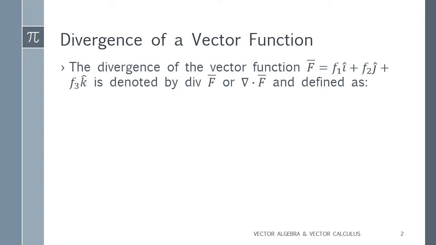This will be given in the equation f bar equals f1 i plus f2 j plus f3 k. In any such equations, ijk will be given, and it's compulsory to give the ijk form because divergence is defined for a vector quantity.